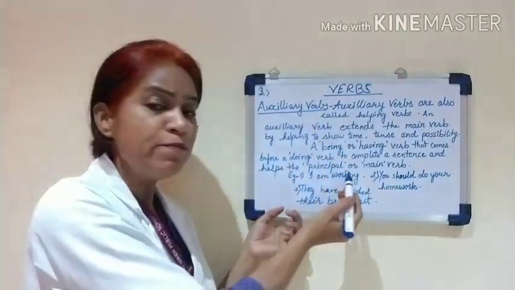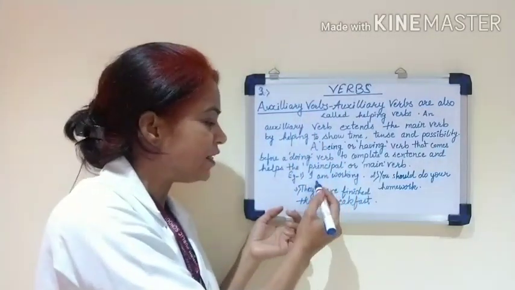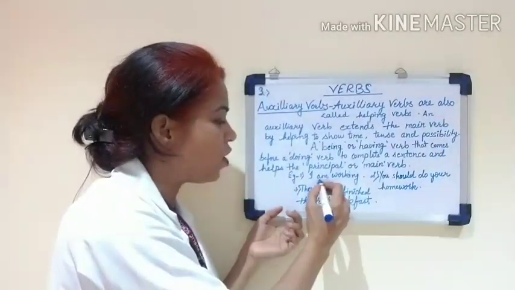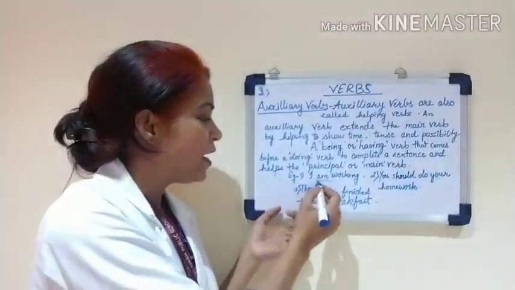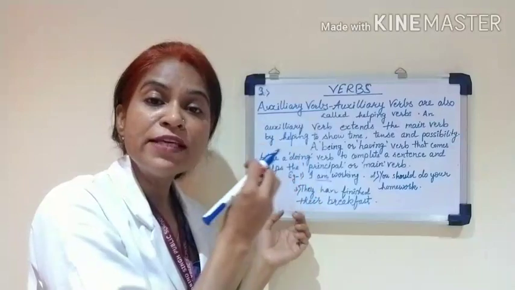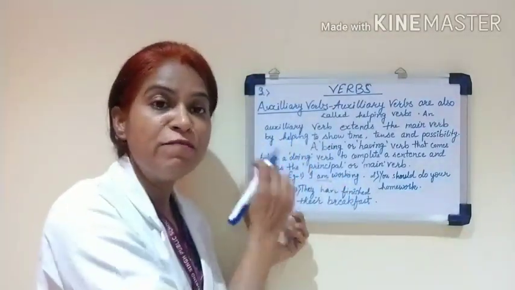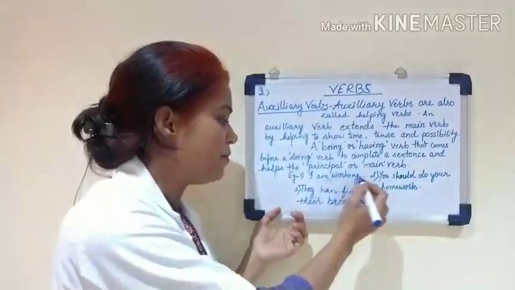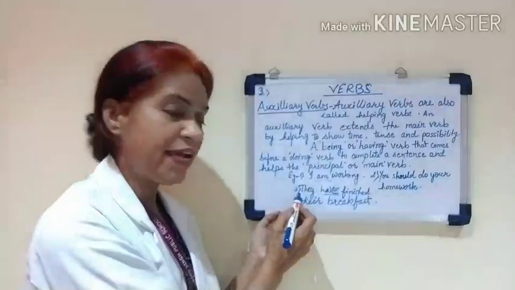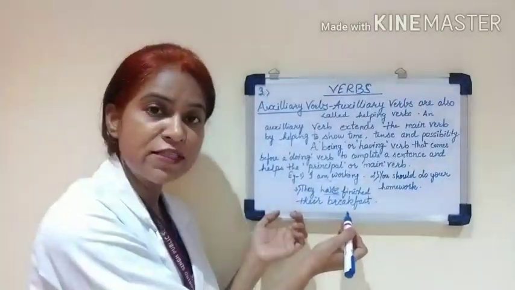I am working. So am is an auxiliary verb, or you can say a helping verb. A helping verb always comes before the main verb, before the action verb. I am working. They have finished their breakfast.